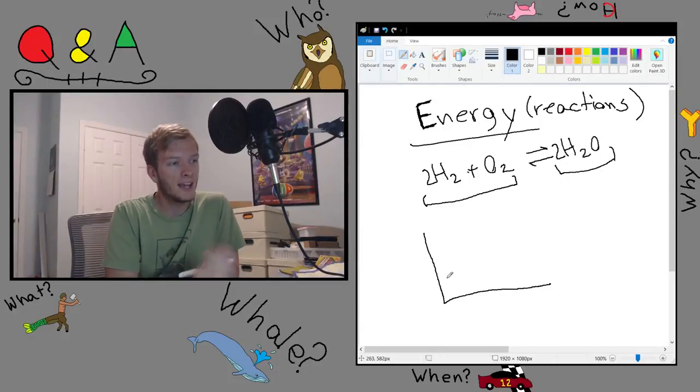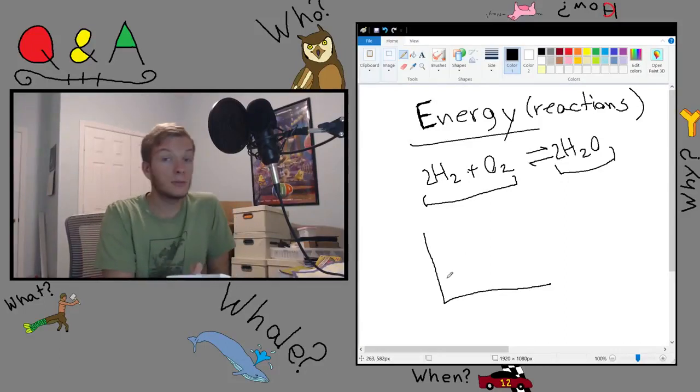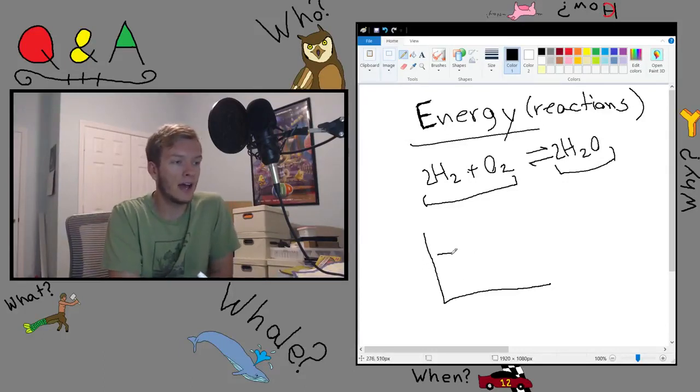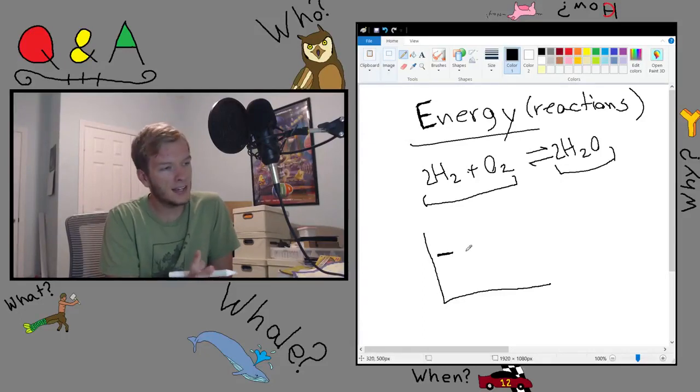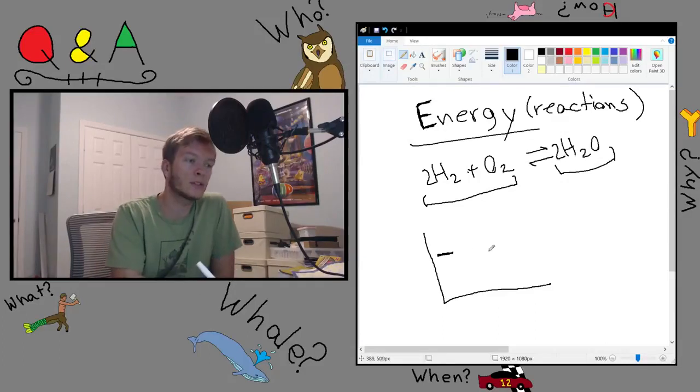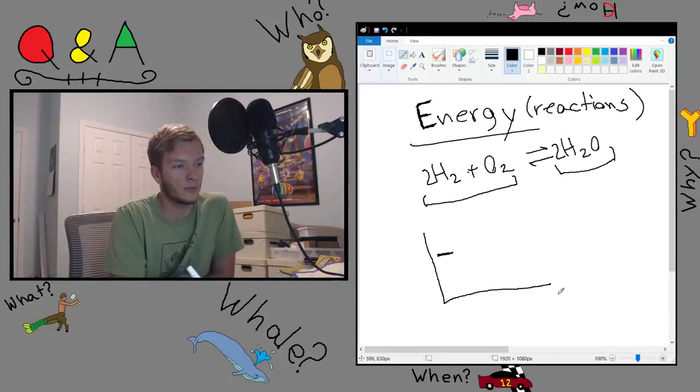Now, in the case of water, which probably is a bad example, I guess it's not that bad of an example because there are situations where this would work. So basically, the picture for this graph that I'm trying to picture: this is time, this is energy, is like so.